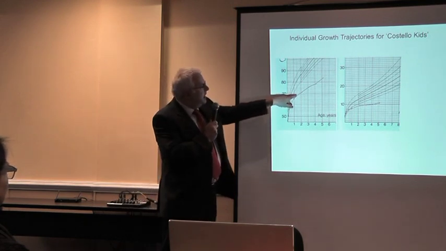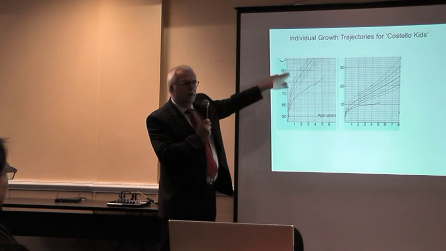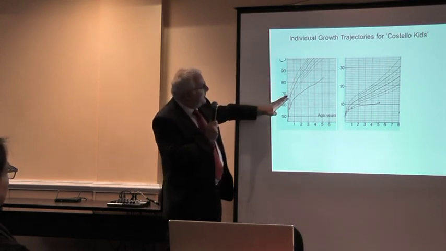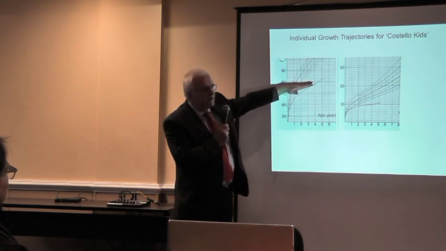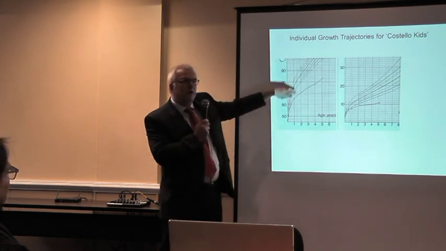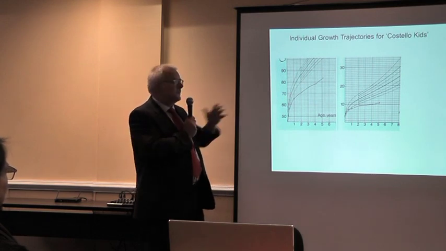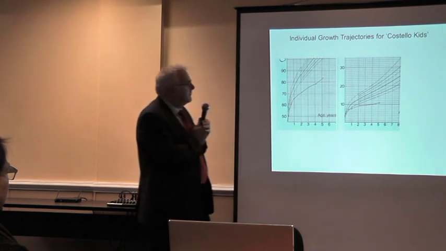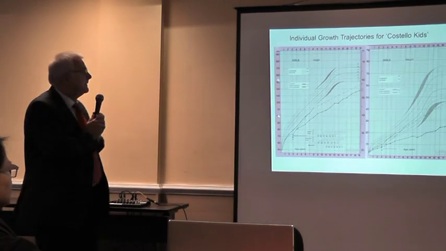First of all, this child is miles below the normal lines, so very, very short. And also the velocity is very, very poor because the child is getting further and further away from the normal growth lines. And that is also associated with a rather poor weight gain.